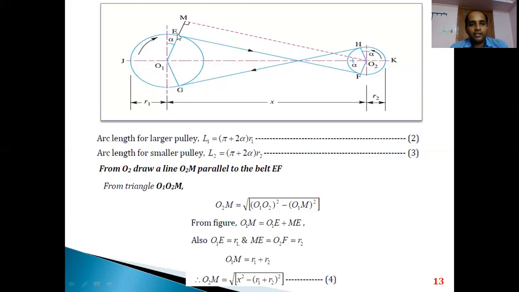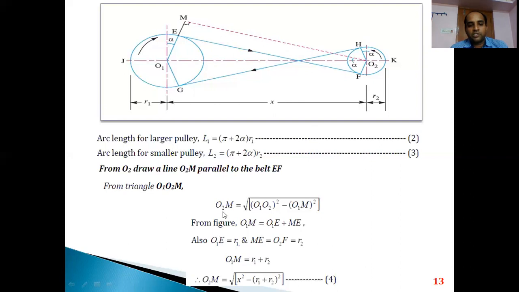EM is parallel to the line O2F, which means EM equals O2F, radius R2. So O1M is the sum of O1E plus ME, that is R1 plus R2. Therefore O1M is equal to R1 plus R2.